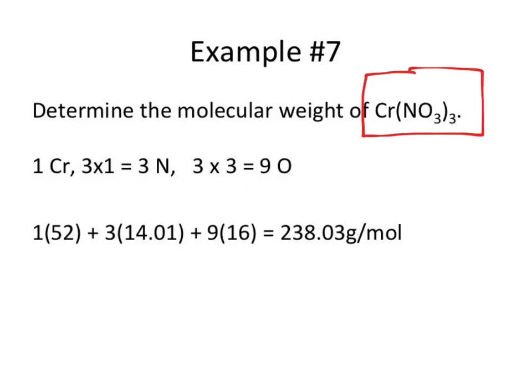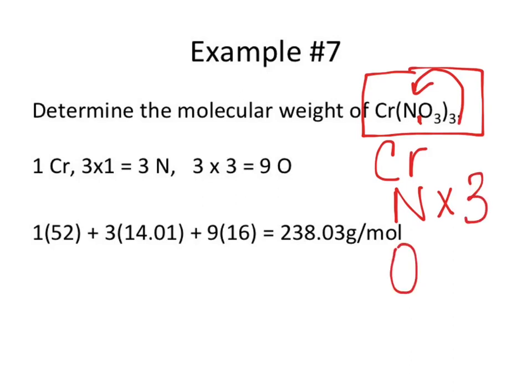So now we have Cr, and we have one of them. We have N, and that is a 1. And how many N's do we have? The 3 distributes to the 1, and that means we have 3. And O, the 3 distributes to the 3, which means we have 9 O's.